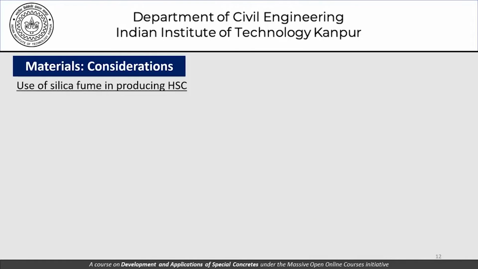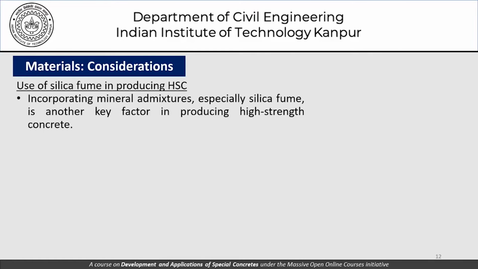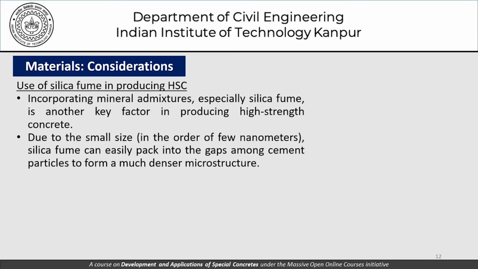As far as use of silica fume in producing high strength concrete is concerned, incorporating mineral admixtures, especially condensed silica fume, is another key factor. Due to their small size, in the order of a few nanometers, silica fume can easily pack into the gaps among cement particles to form a much denser microstructure.